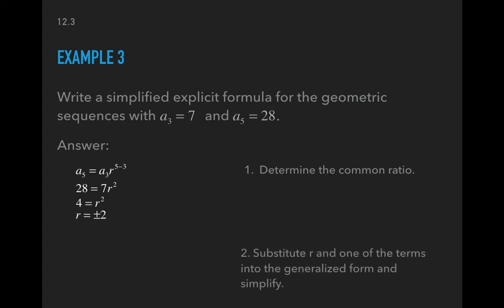So let's substitute r into our formula now. I'm selecting my k value as that position 3. So a sub n would be 7 times a rate of 2 to the n minus 3. Or I could have a sub n equals 7 times a rate of negative 2 to the n minus 3. And we're just going to leave that there.